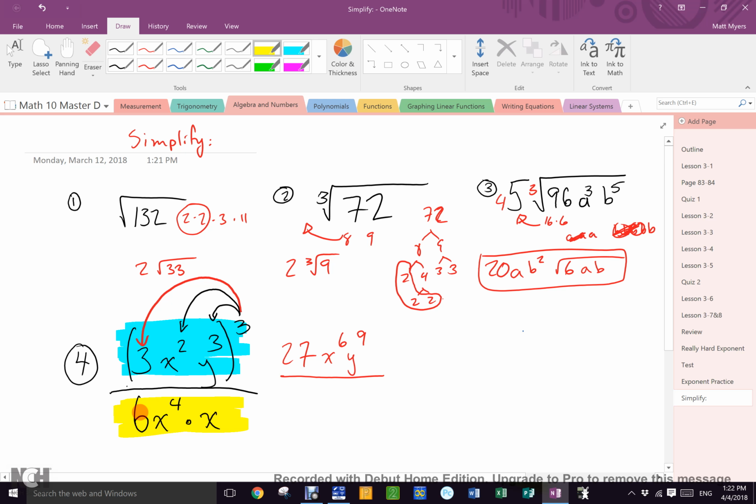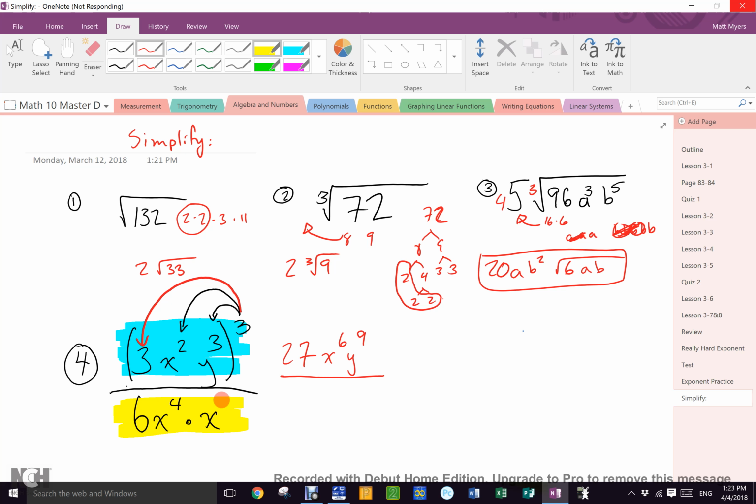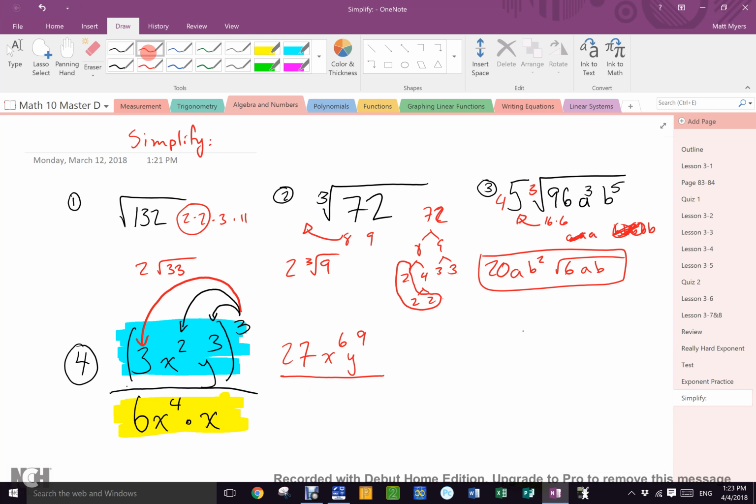So let's get rid of them. What would I do with those x's? Add the exponents. But this one has no exponent, so it must be an exponent of 0, right? No. What's its exponent? 1. So I add 4 and 1. What is that? 5. So my denominator is 6x to the 5th.